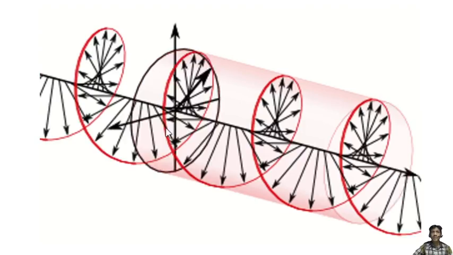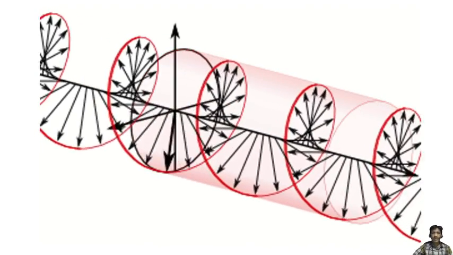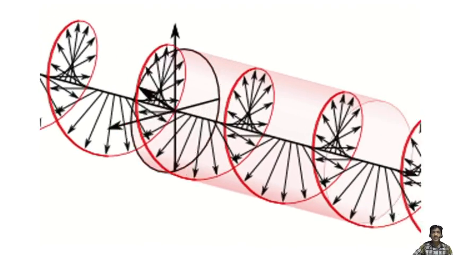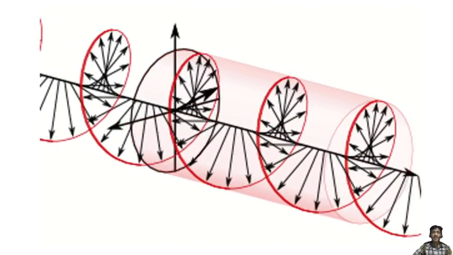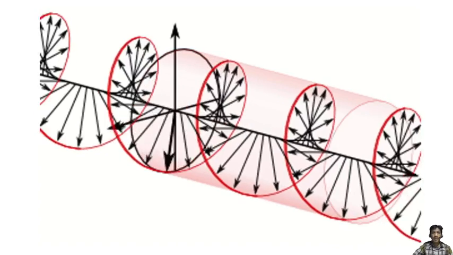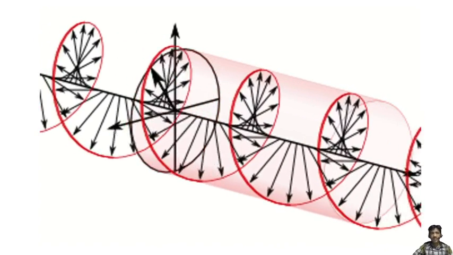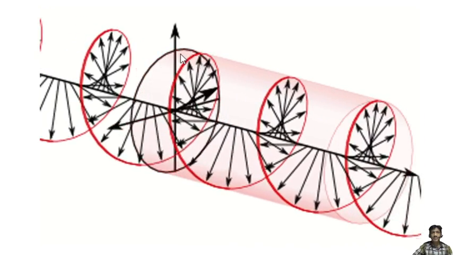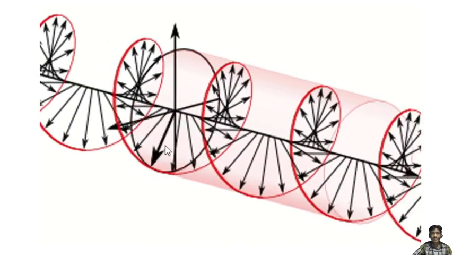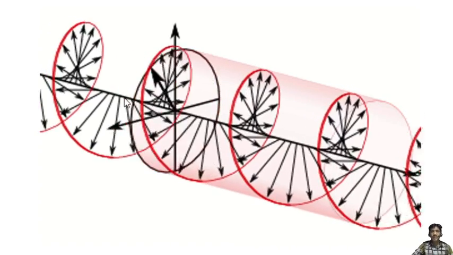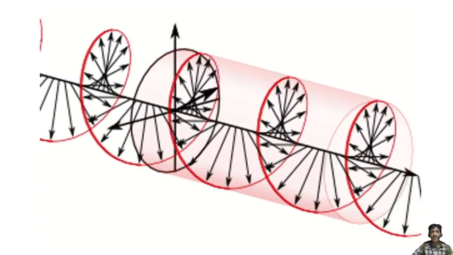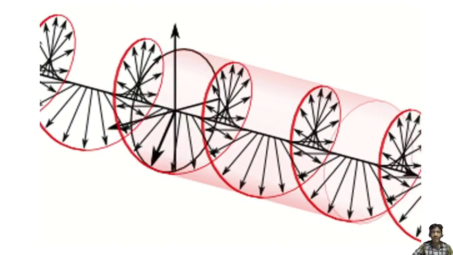It is also an electromagnetic wave. Here it can be called a circularly polarized electromagnetic wave because it is in a round shape. So it is called a circularly polarized electromagnetic wave.